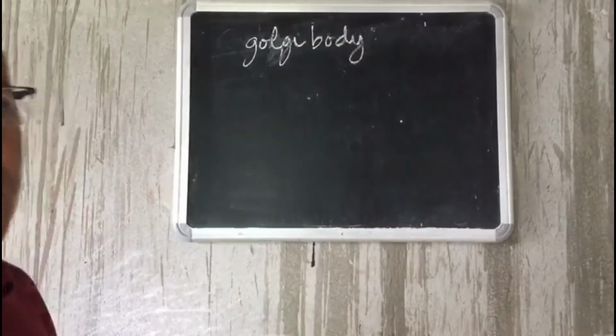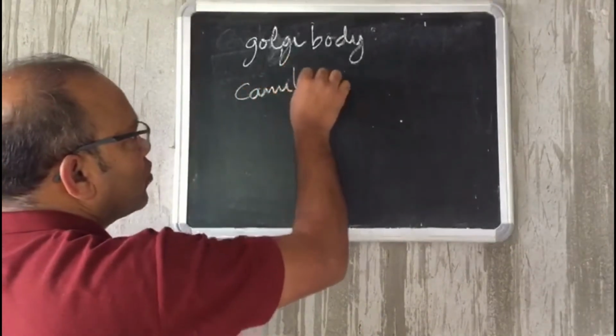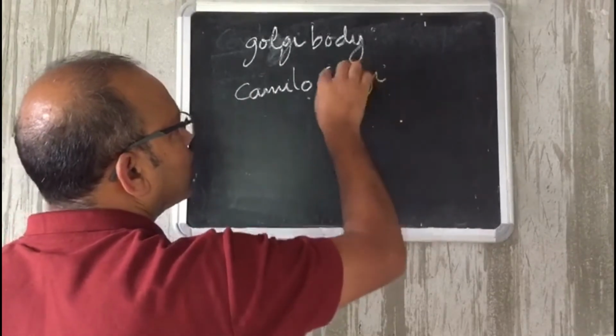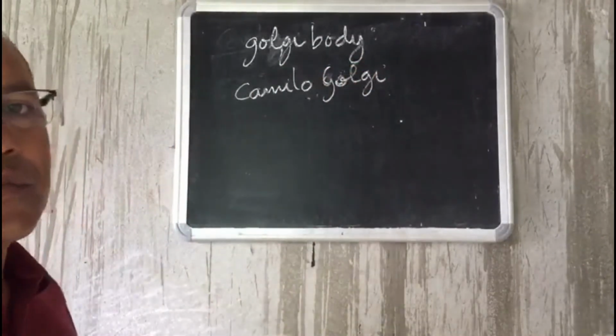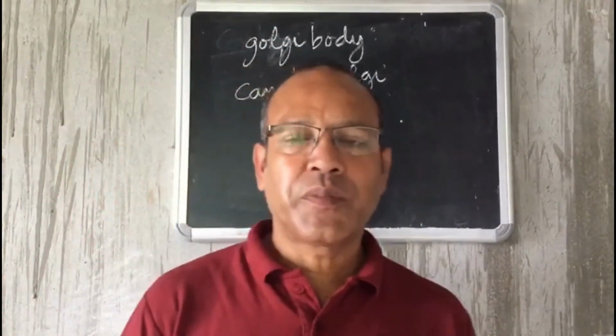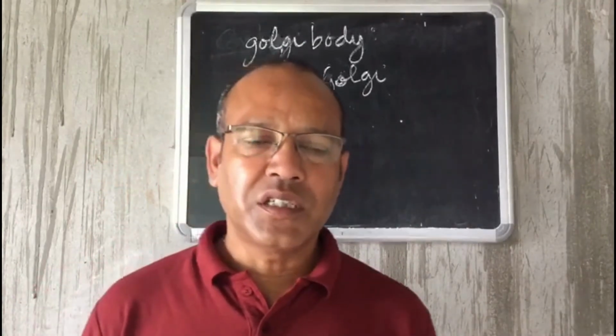This Golgi body was first discovered by a scientist named Camillo Golgi. That is why the name Golgi body. It was giving respect to the person who discovered. The structure has been named after his name.